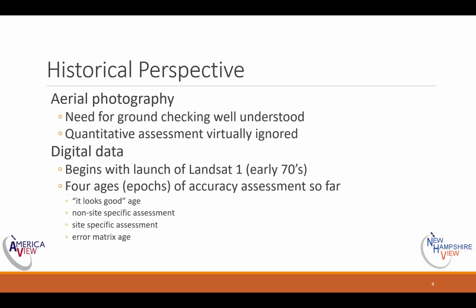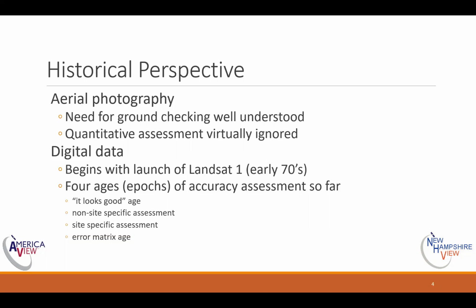People went to the ground, compared what was going on the ground to what was going on in the photography, and trained themselves to recognize those things. But any idea of a quantitative assessment was really not part of that. The ground checking was to make sure you were right, and maybe improve your understanding, or if you had some kind of confusion going on, but it was never done independently as an assessment later on.